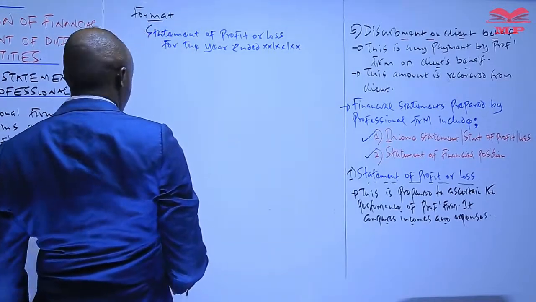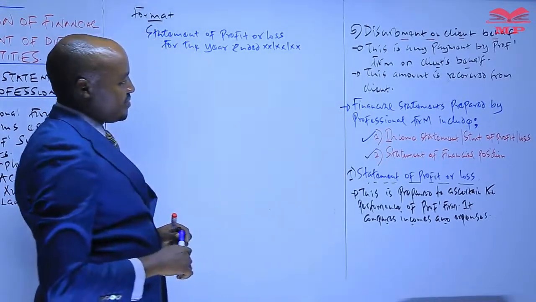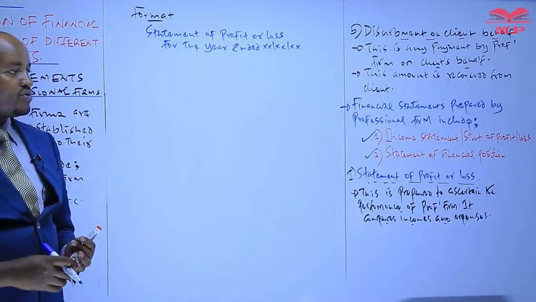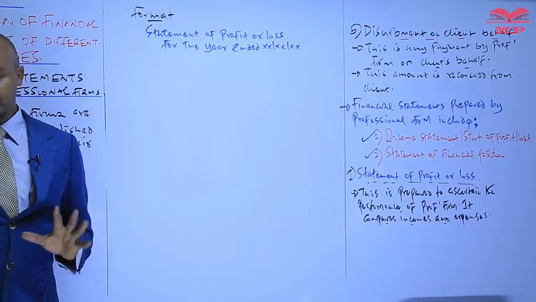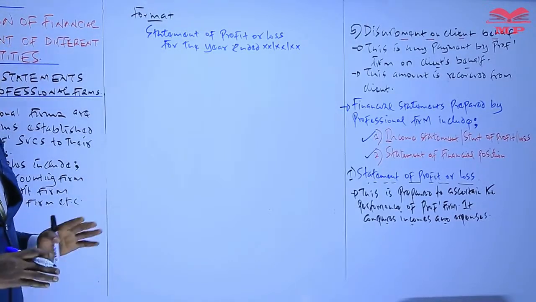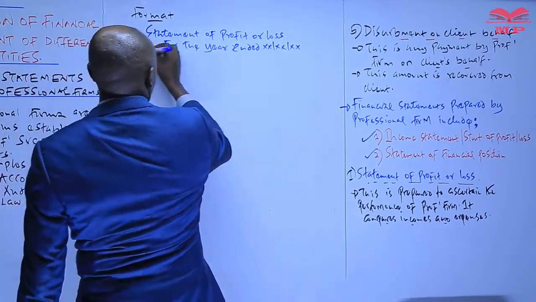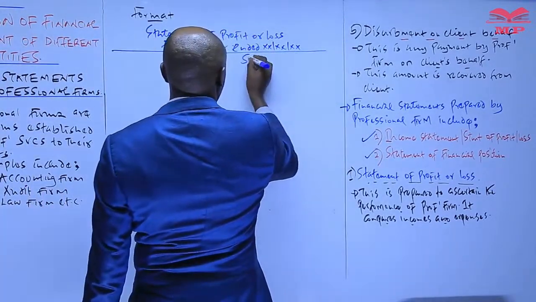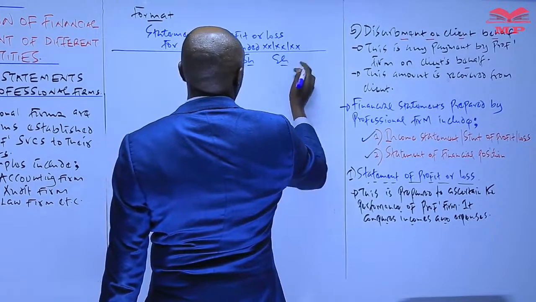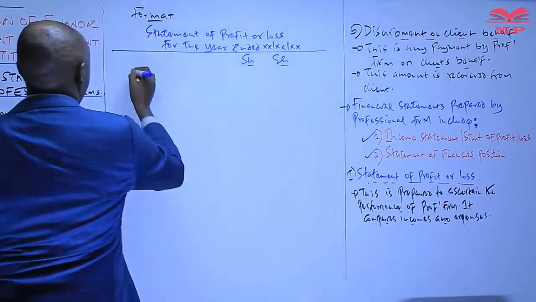Remember, we have said that in preparing the income statement, generally what we do is compare the incomes of a certain financial year with the expenses for the same financial year. Equally, when preparing this statement of profit or loss, we prepare it using a vertical format.